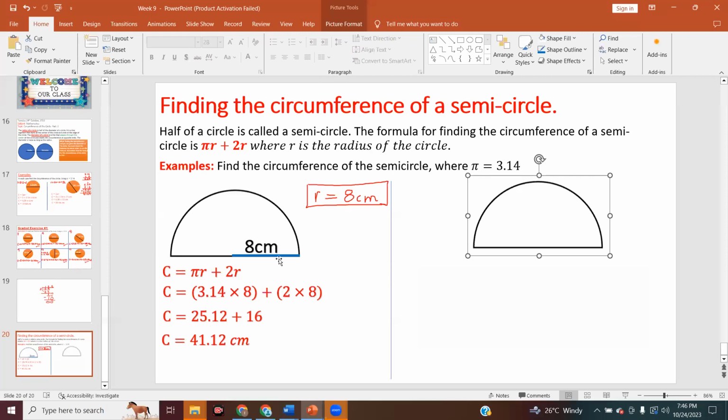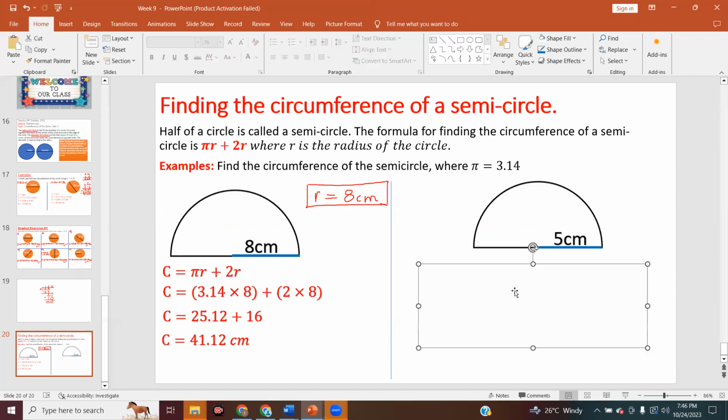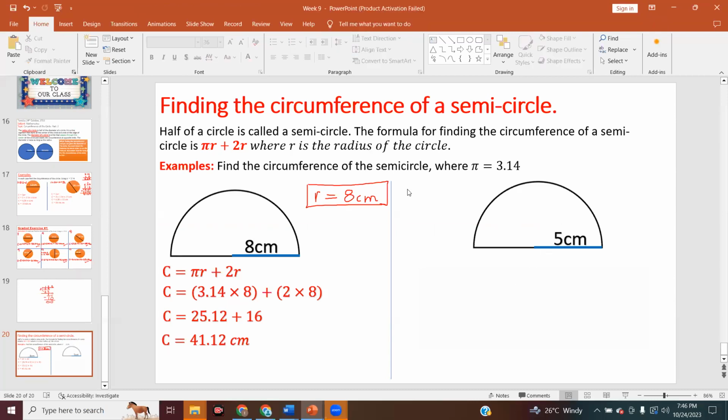So let's say that we have something here, and let's say that this is 5 centimeters. I want you to find the circumference of this semicircle where the radius is 5 centimeters.